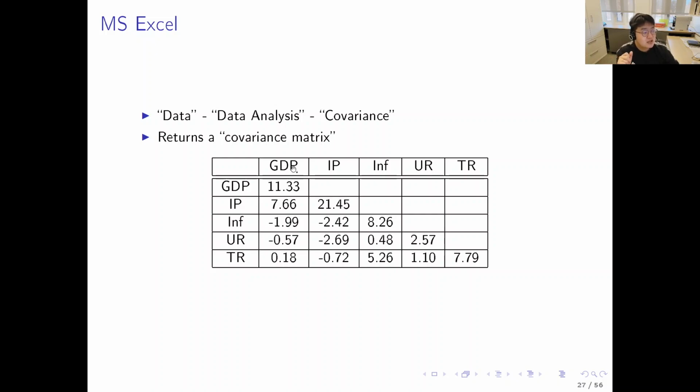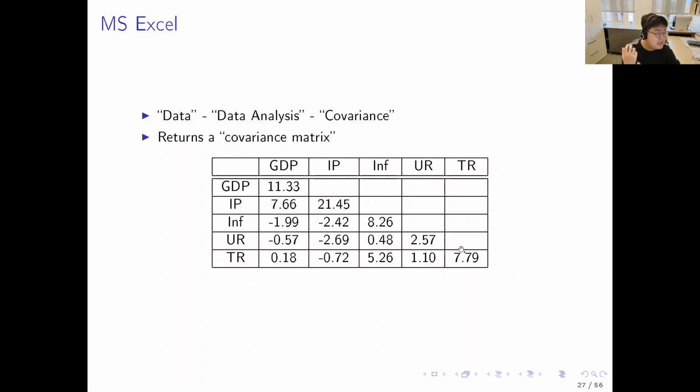Also, you can calculate covariance between the GDP growth rate and industrial production growth rate. That is 7.66. And inflation and GDP is here. Unemployment rate and GDP is here. Treasury rate and GDP is here. So you can think about the pair for each column and row. If you choose a column and a row, then you get a pair of variables and you calculate their covariance.